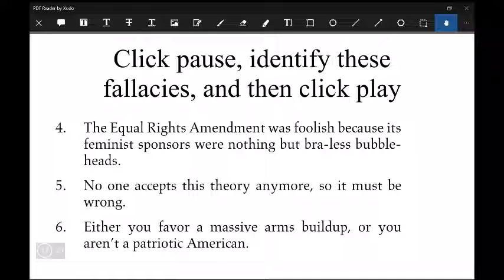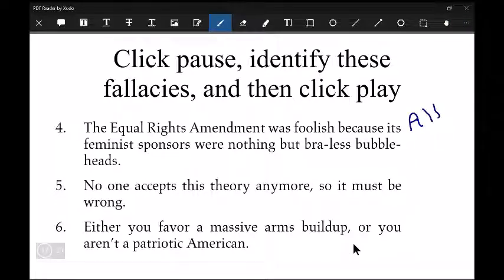Okay, number 4. The Equal Rights Amendment was foolish because its feminist sponsors were nothing but braless bubbleheads. This is kind of a silly one. It commits lots of fallacies. Ad hominem is one thing.